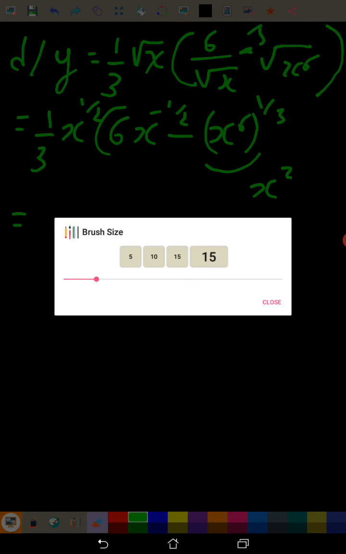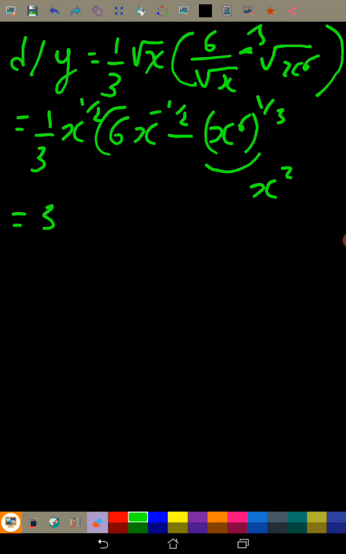So we're not going to write anything else, just 3. So we have x to the power of half times x to the power of minus half. So this plus this gives you 0, so it's going to be 1. So we're just going to have 1 here, times 1.